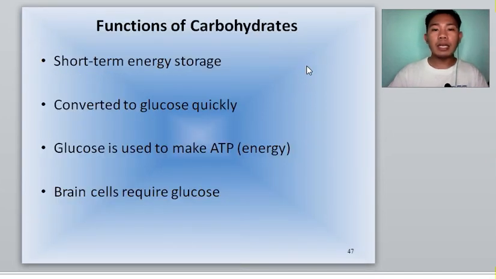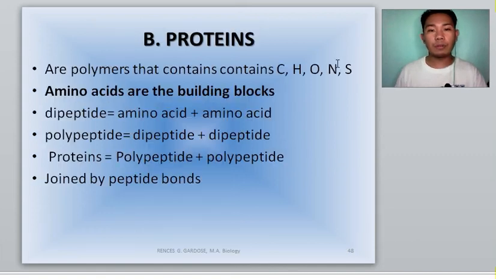In general, the function of carbohydrates is short-term energy storage. It is converted to glucose quickly, and glucose is used to make adenosine triphosphate, and brain cells require glucose.